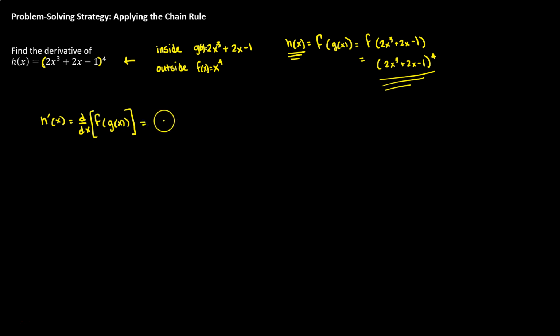And our chain rule says take the derivative of the outside, but then go back and plug the inside function into it, and then multiply by the derivative of the inside function.